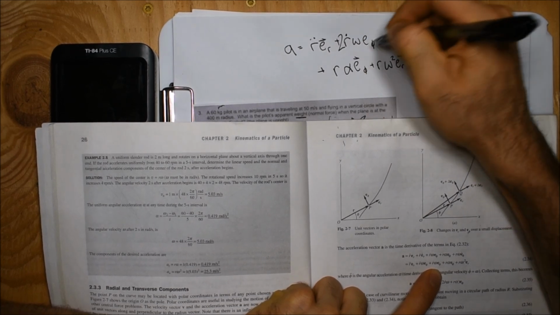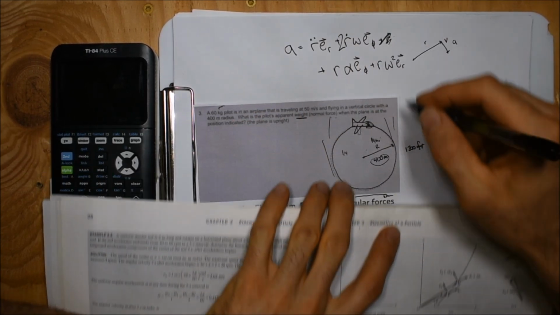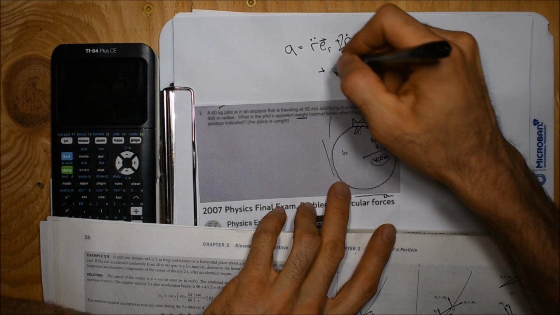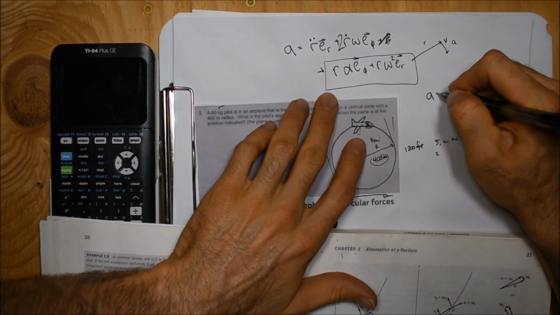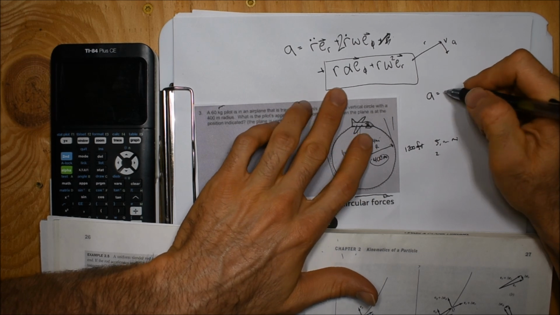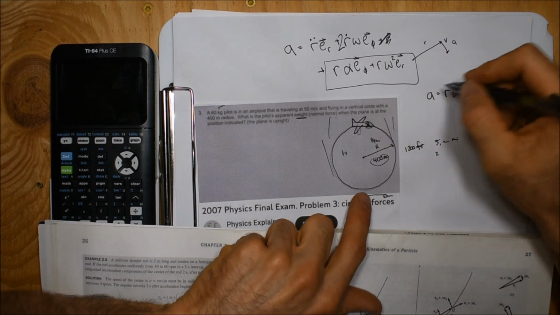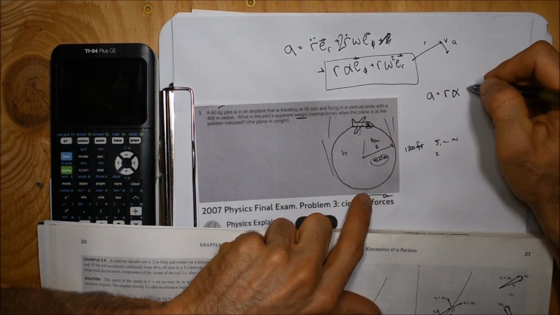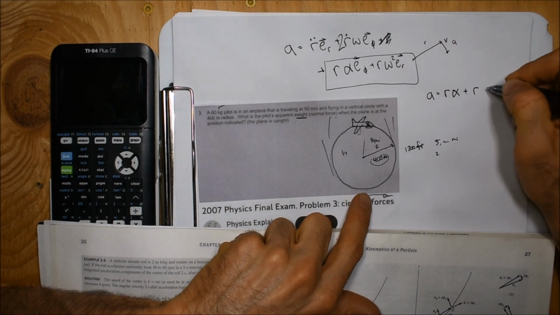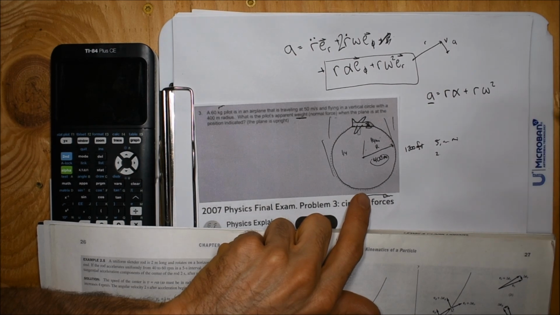Oh, and these are all vectors. But guess what? Our radius is staying the same, so all we have to use is these two, and really acceleration is radius times the change in angular velocity, plus radius times omega squared. Okay, so this is acceleration.